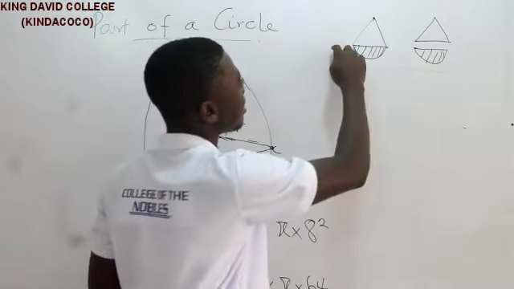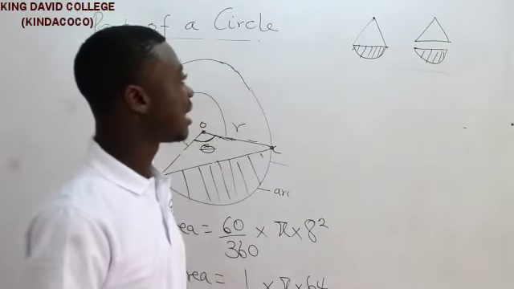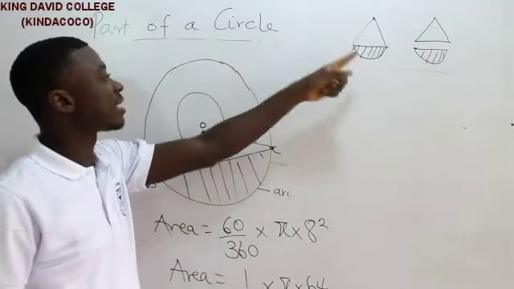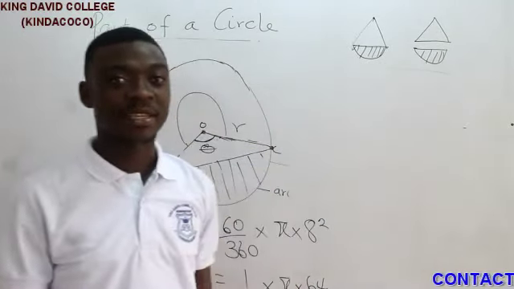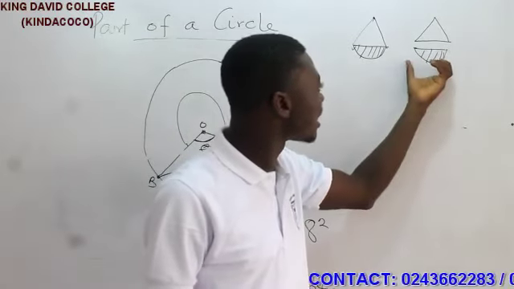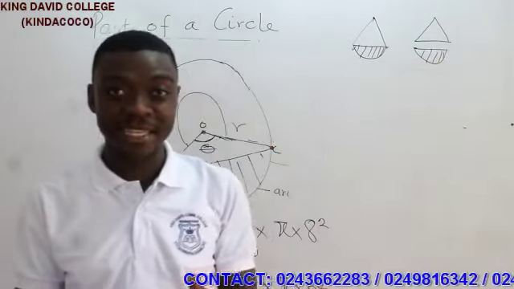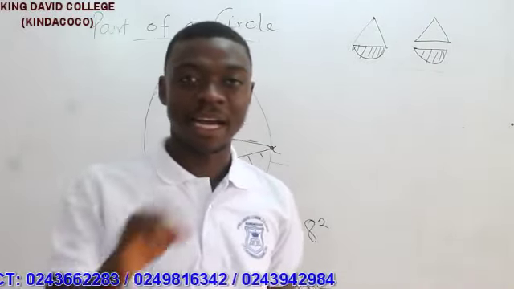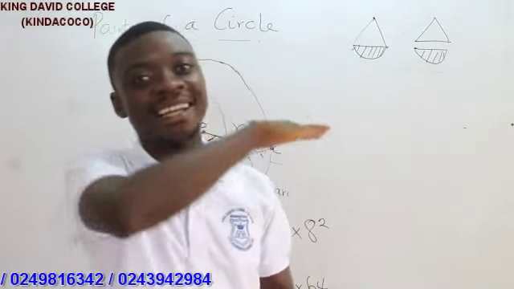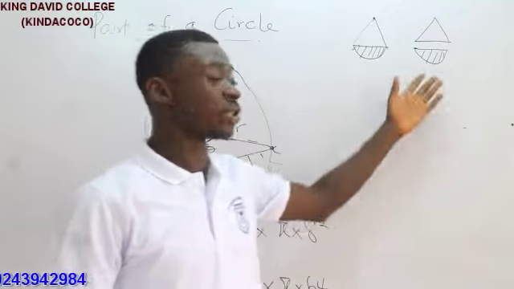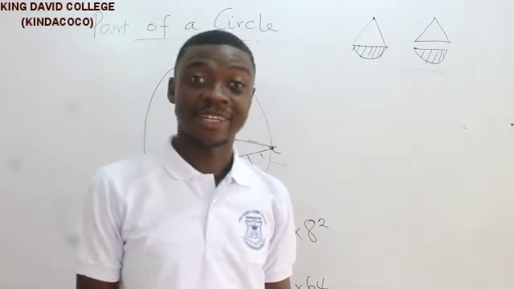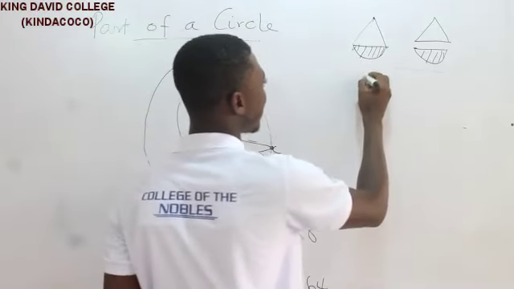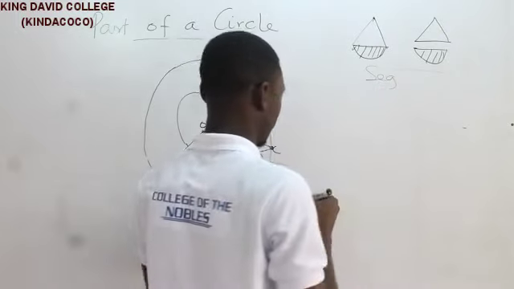And when I draw this line and disintegrate this, you are having a triangle and the segment itself. So if I want to find a segment, because it's neither a semicircle, it's just a segment, right? A semicircle is bounded by the arc and the diameter, right? But this is not, so we have to find a way of getting it. So if we know that the area, so let's say a segment now.